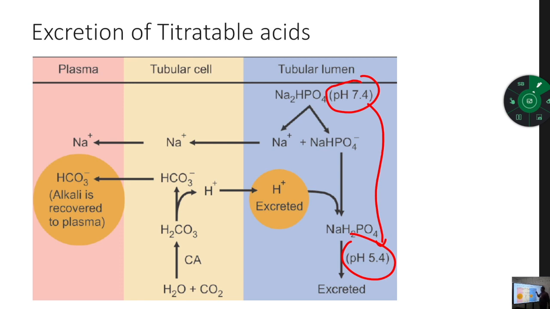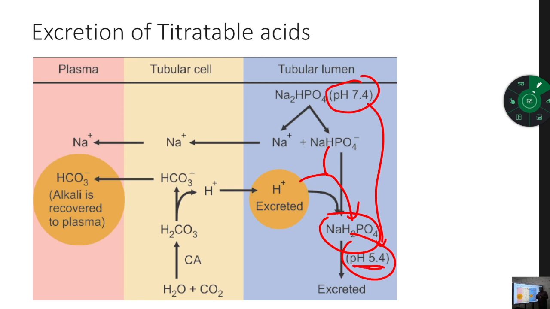It's a basic thing, right? Above 7. Now at the time of excretion, when it combined with the H plus, it forms NaH2PO4, which is a very highly acidic substance, and the pH is found to be 5.4. So by this mechanism, we are actually able to get rid of a lot of acid from our body because we are excreting this substance through the urine at a pH of around 5.4.